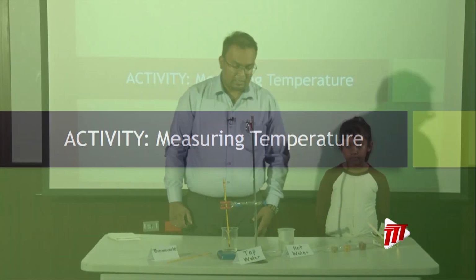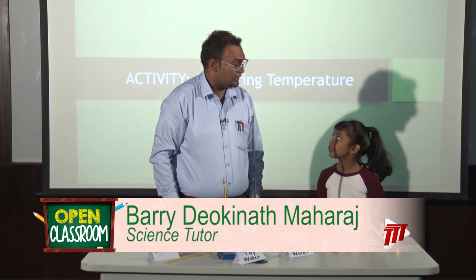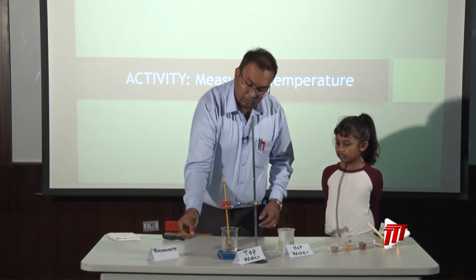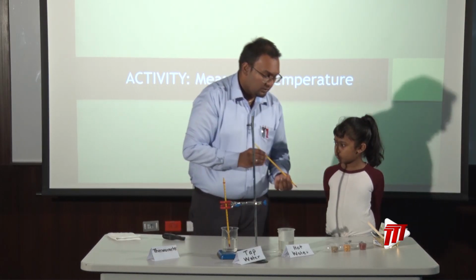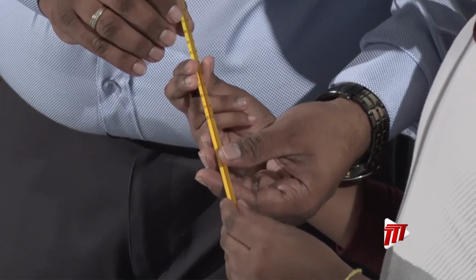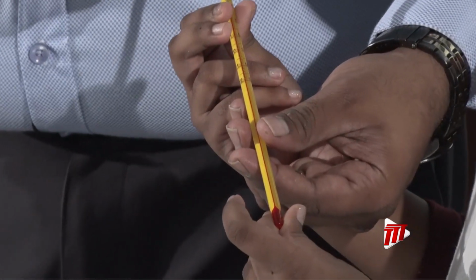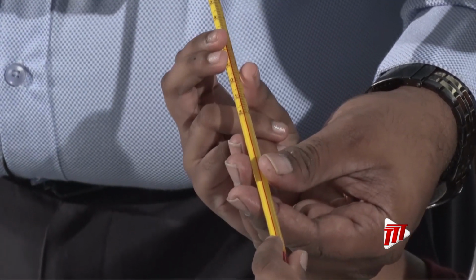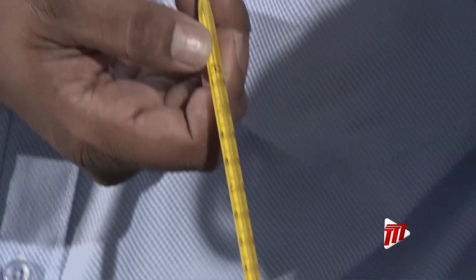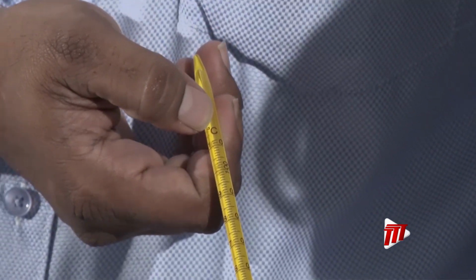For our activity, I would need an assistant, and today we have Vritti who would be helping me. So here we have a laboratory thermometer. As we could see, we have markings, and if we look at the top of the thermometer, we would see the degrees Celsius, as we mentioned before.